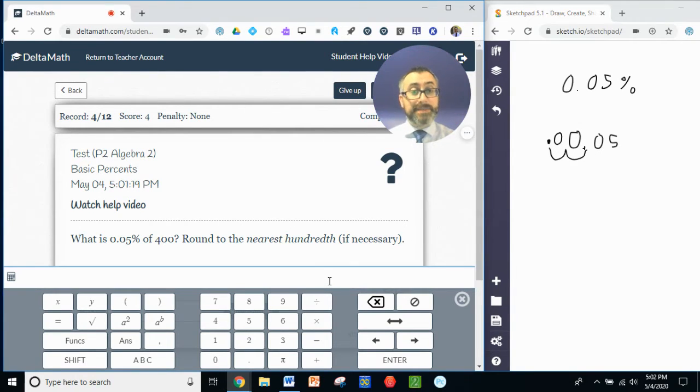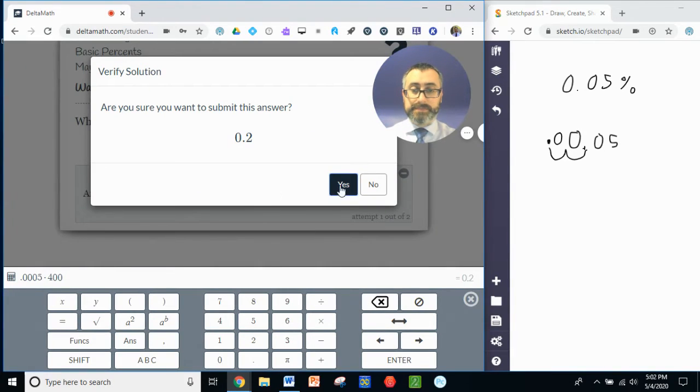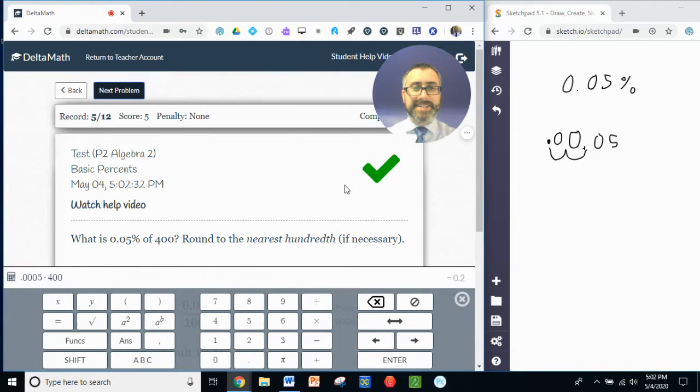Okay, now it's time to do the multiplication. 0.0005 times our number 400. And that gave us 0.2. Fantastic. So to do these basic percent problems, remember to convert your percent into pure decimal form and then multiply your two numbers. Let's take a look at the next type of problem.